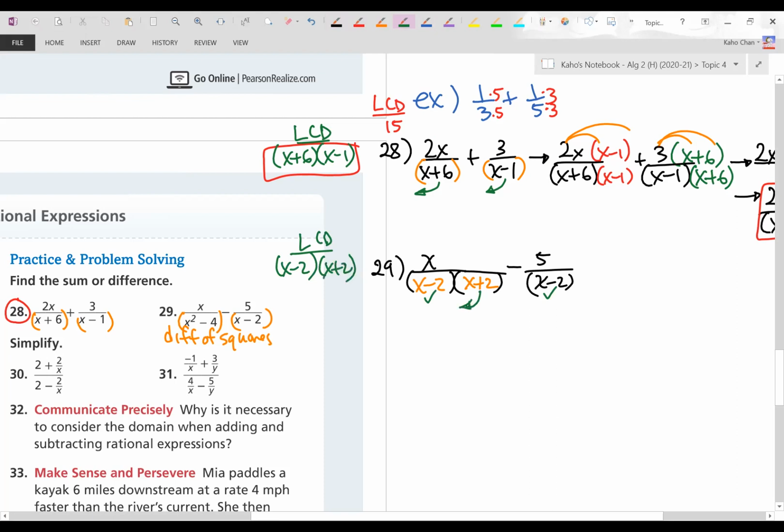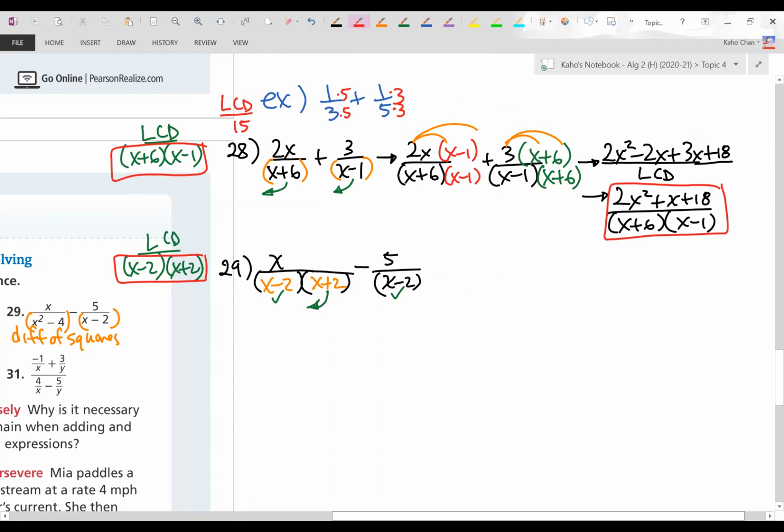If you compare the LCD to each of the denominators of the two rational expressions that are being subtracted, in this case the second one is missing an x plus 2. I'm going to save some room here and just patch it right here. Sweet. I do need to distribute that 5. Be careful though, that is a negative 5 being distributed to the binomial that I just patched.